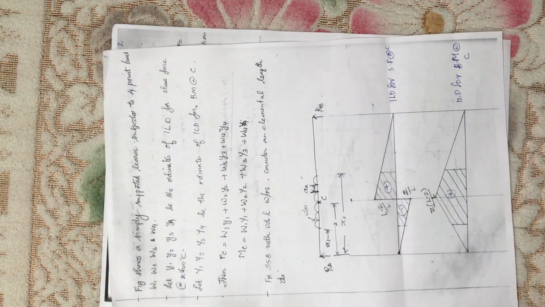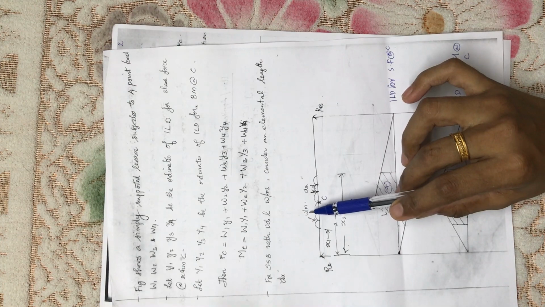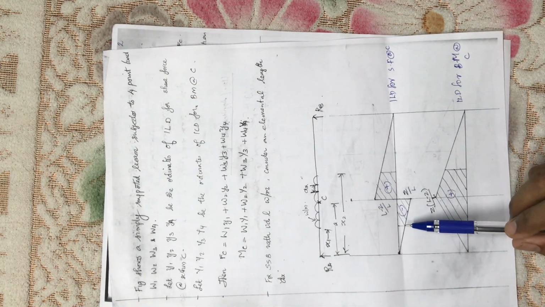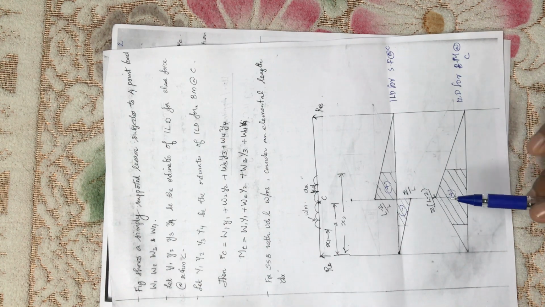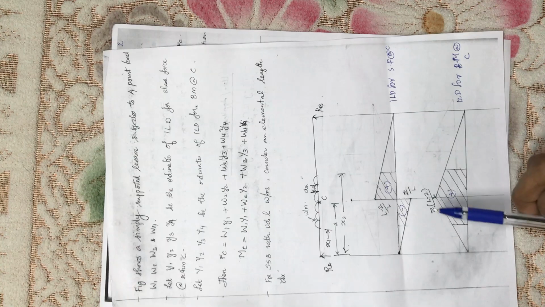So simply we can say that if you have to find out the shear force value at a particular point C for a UDL, we just need to multiply the intensity of load, that means W, into area of the shaded portion. So here you can see a parallelogram. For that, how will you find the area, which is equal to half into h into a plus b.